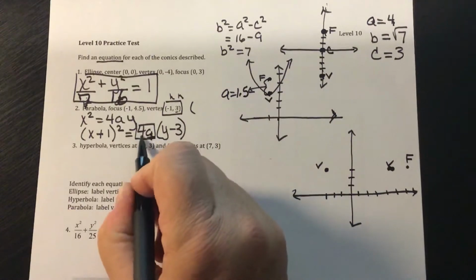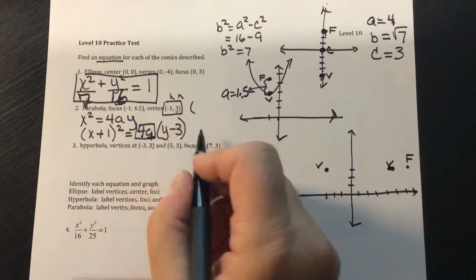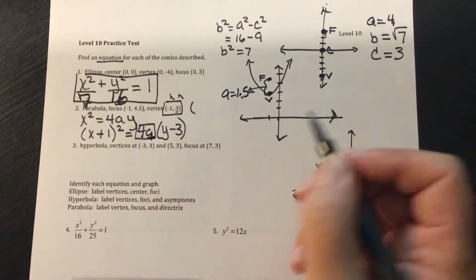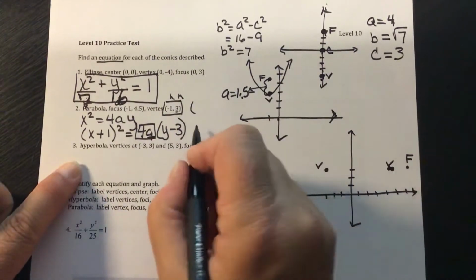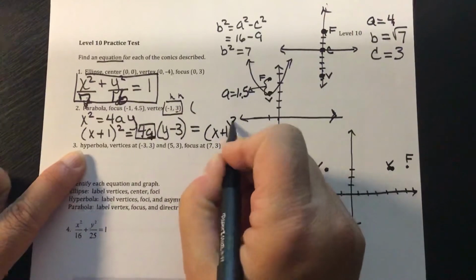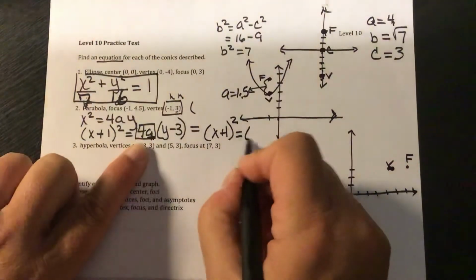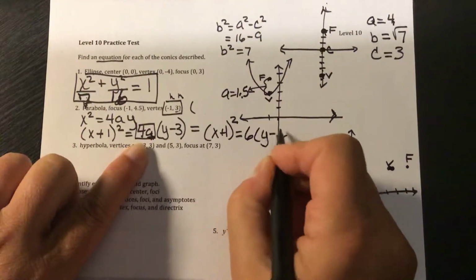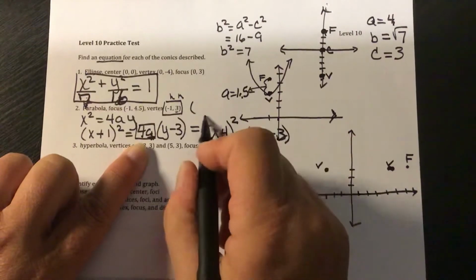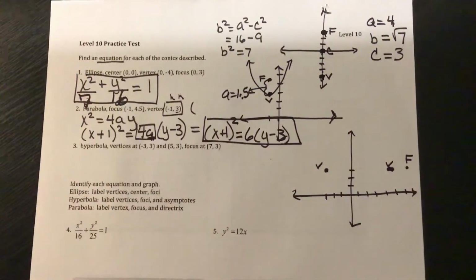So if I multiply 4 times 1.5, I'm going to get 6. So in standard form, this is going to be (x plus 1) squared equals 4 times 1.5, which is 6, times (y minus 3). And that's my equation of this parabola.